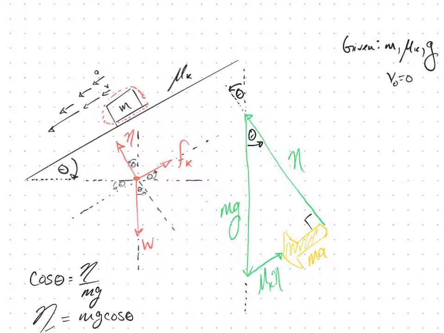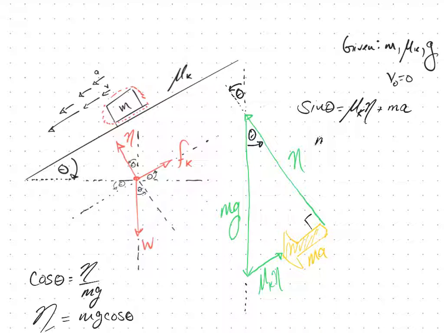And then using sine, I'm looking at my opposite side, which is mu k normal plus ma, right?